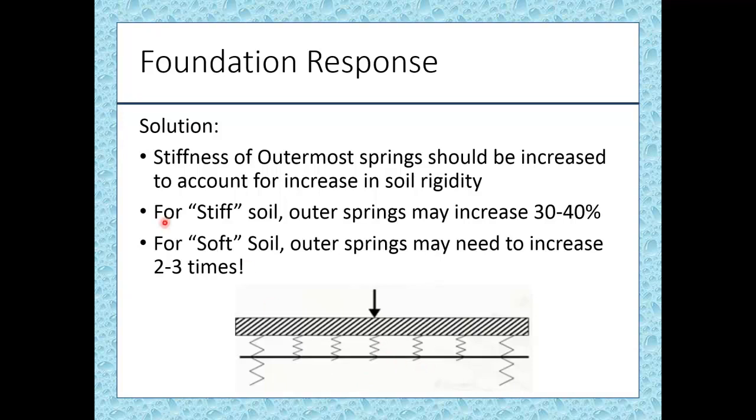For stiff soil, we can increase the outer springs by 30 to 40% compared to the springs at the center, whereas for soft soil, we have to increase them almost 2 to 3 times compared to the springs at the center. Again, stiff and soft soil is relative to the foundation stiffness and the loading.